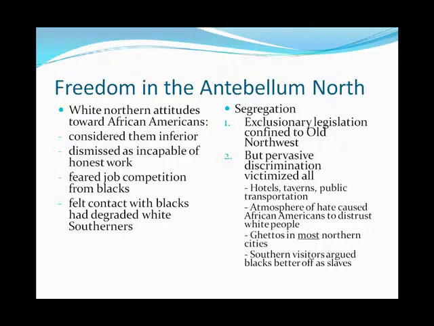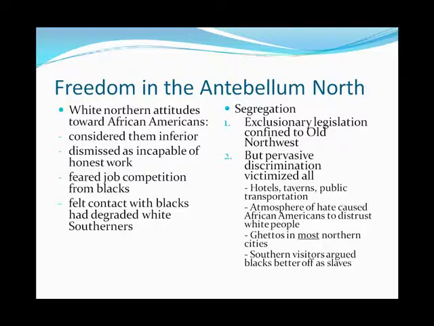Well, despite their freedom, they're still having to deal with general northern attitudes toward African Americans, or white attitudes toward African Americans. For example, white Northerners, like many white Southerners, considered African Americans, slave or free, to be inferior.